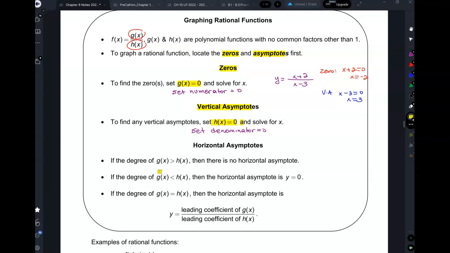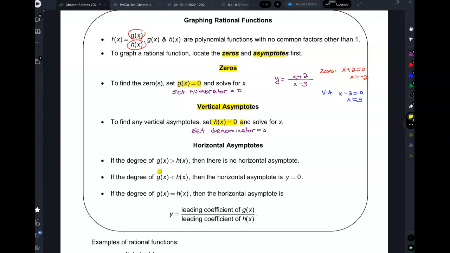The highest degree, another word for the highest exponent in the function. So in this case, what's the highest exponent in that function? A 1. What's the highest exponent in that function? A 1. You compare those two, and it's like a battle between the two of them.